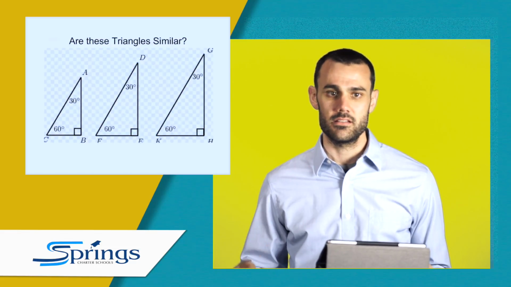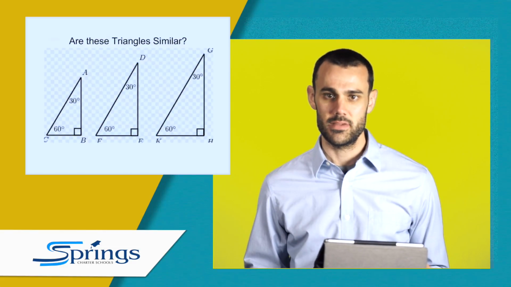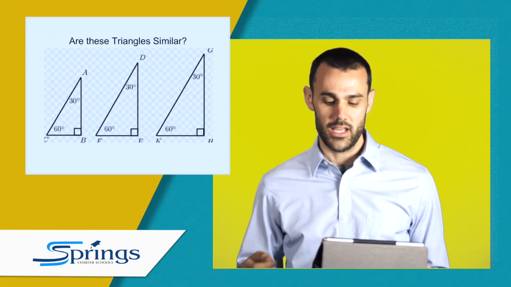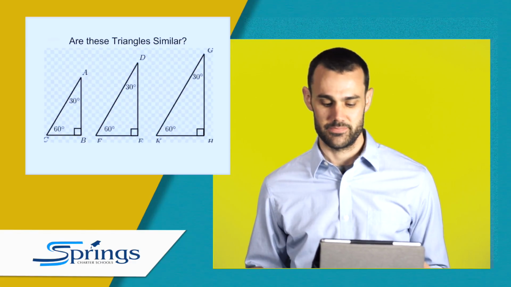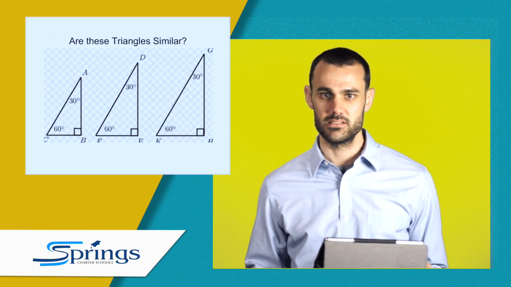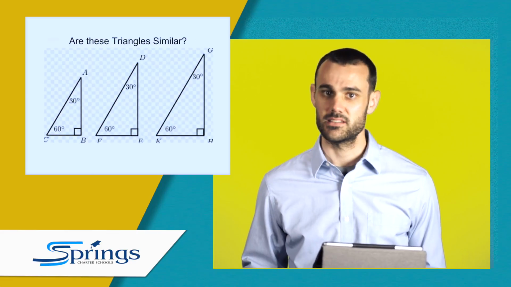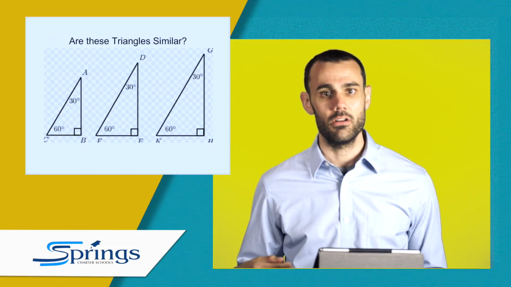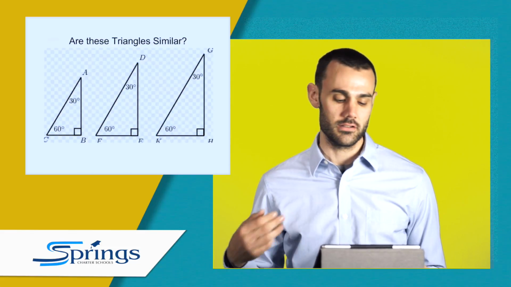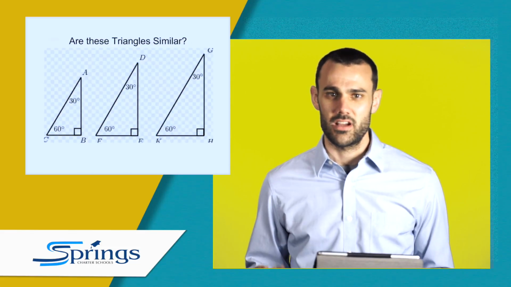So triangle A has 30, 60, 90 degree measurements, and triangle G also has 30, 60, and 90 degree angle measurements. Now 30 plus 60 makes 90, and 90 plus 90 makes 180. We just want to double check that these are triangles, and we always know that triangles add up to 180 degrees.